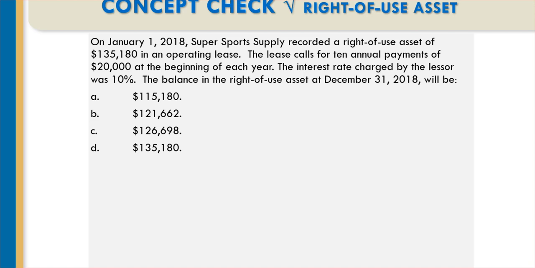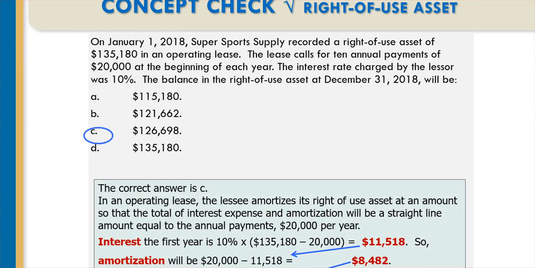Now they're asking us for the balance in the account. Well, this is a tricky thing because what you've got to do if it's an operating lease is then figure out what interest is, and the difference between interest and the $20,000 is going to, of course, be the amount by which the balance in the right of use asset goes down. So here's that calculation.